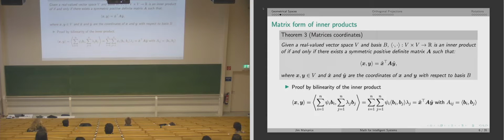So actually, the matrix A is just a bunch of inner products between the basis vectors.